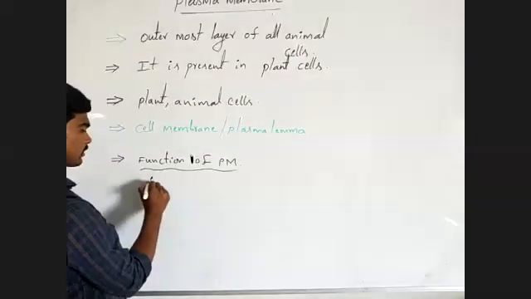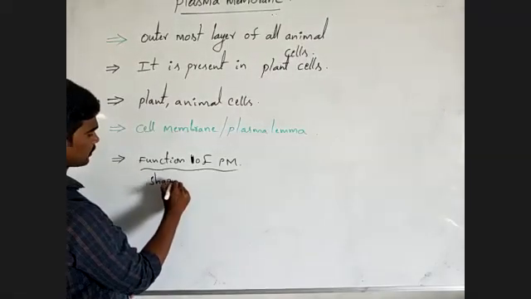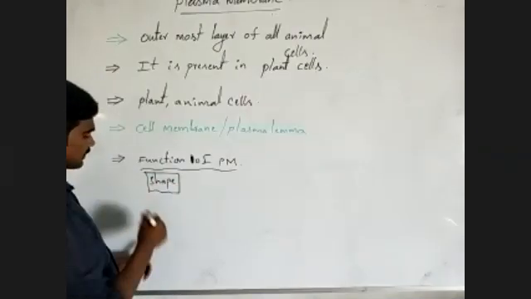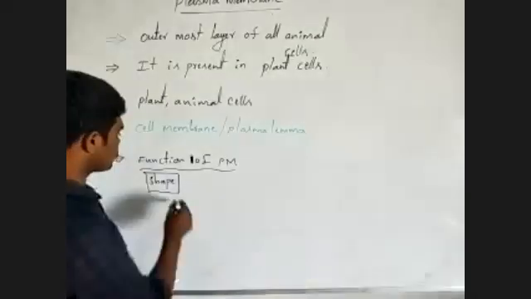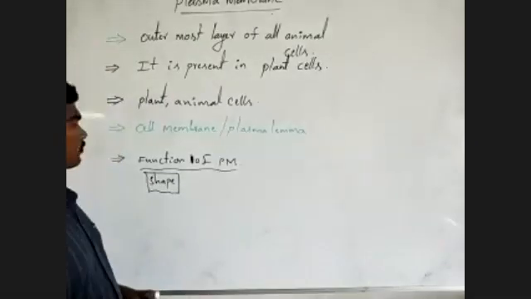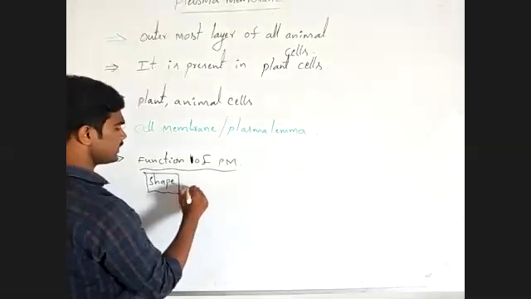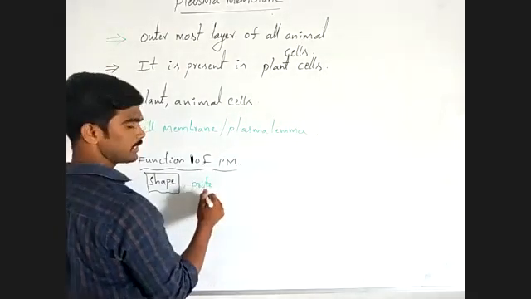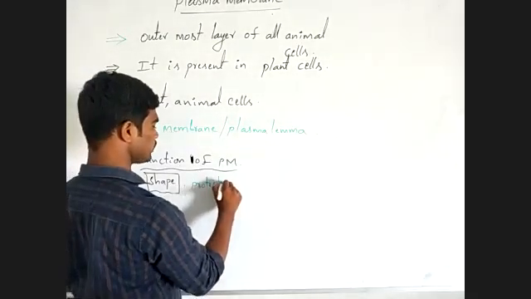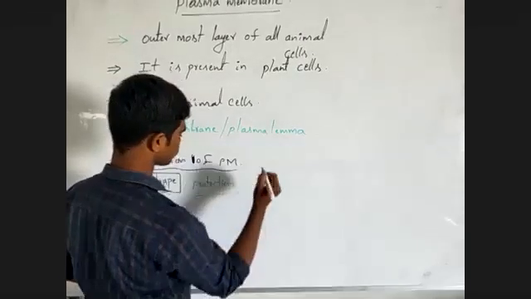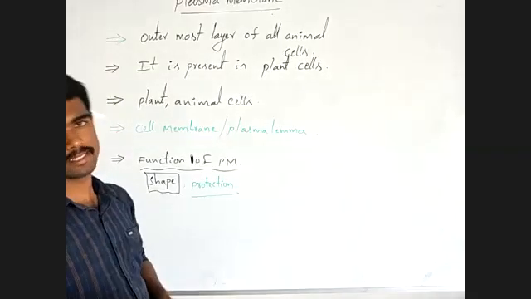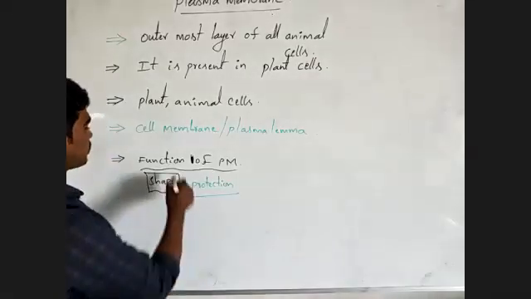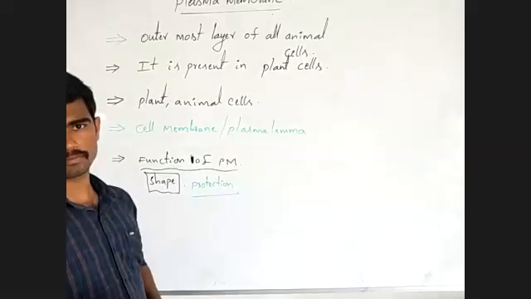It gives shape to the cell and it gives protection to the cell. These two are the main functions of the plasma membrane.